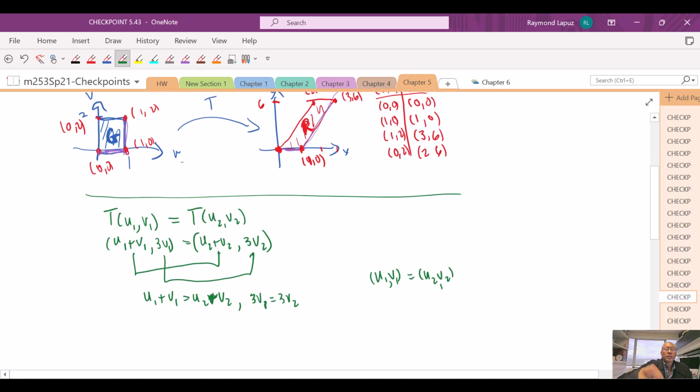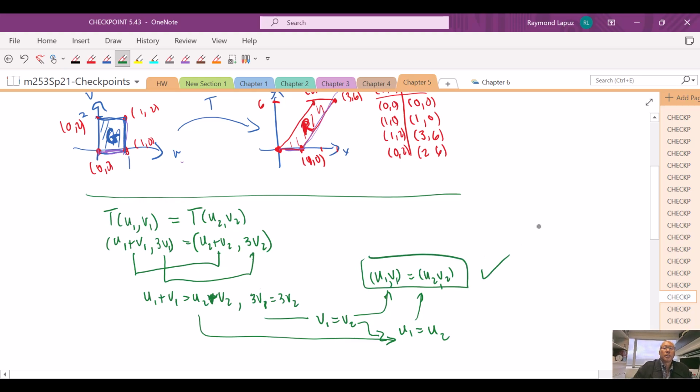Well, from here, we're going to be able to say v1 equals v2, and if v1 is equal to v2, this is also going to conclude that u1 equals u2, and if they are equal to each other, then those points must be equal to each other. So this is our conclusion, which we wanted, and that shows that it is in fact 1-to-1.